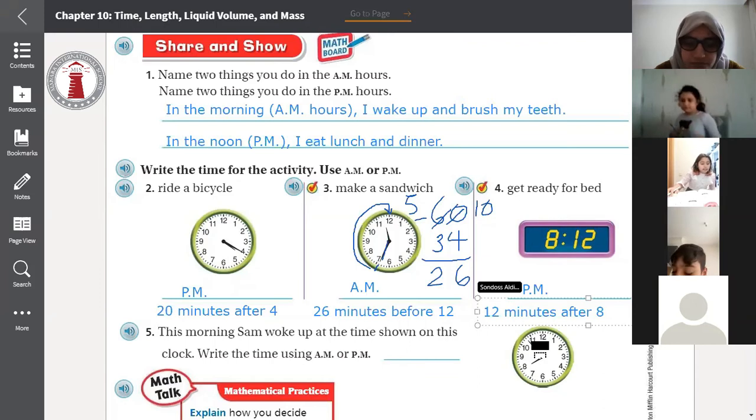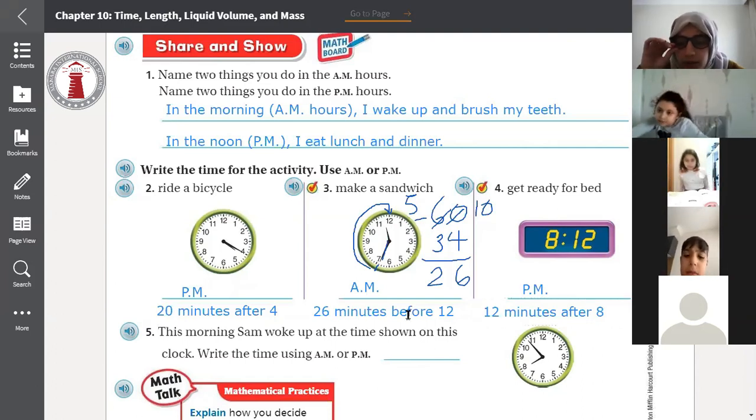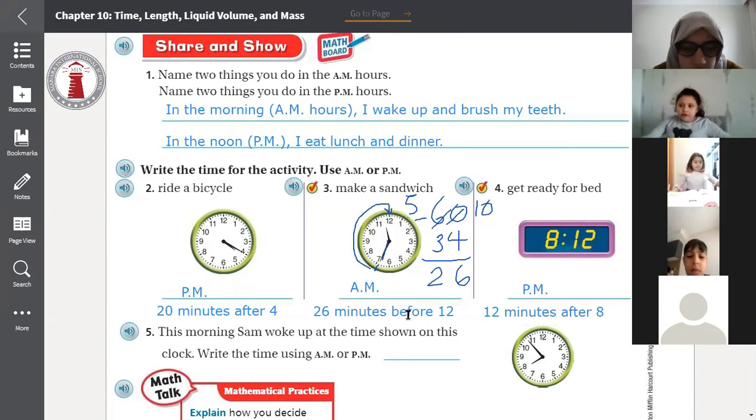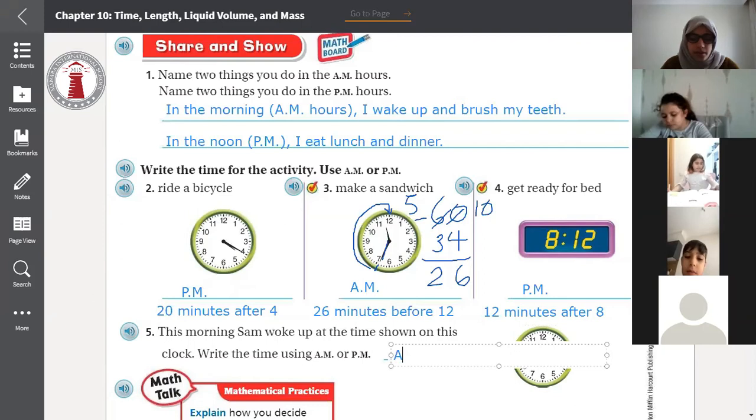Write the time using AM or PM. So it's almost 8 o'clock here. In the morning, is it AM or PM? AM. Well done, Bisan.